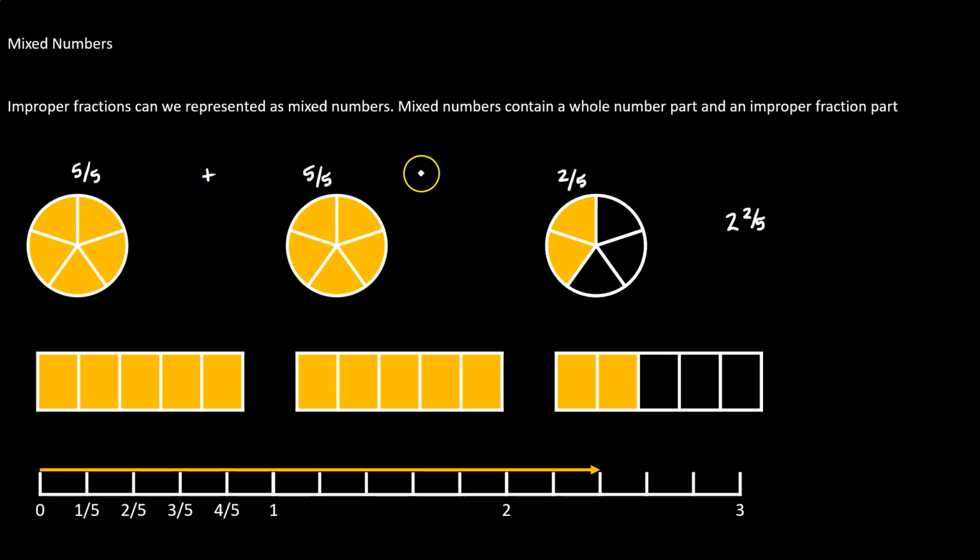And when I add these like fractions together, I'm really just adding the numerators, 5 plus 5 plus 2 over the common denominator of 5. That would be 12 out of 5. So the mixed number 2 and 2/5 is the same as the improper fraction 12 out of 5.